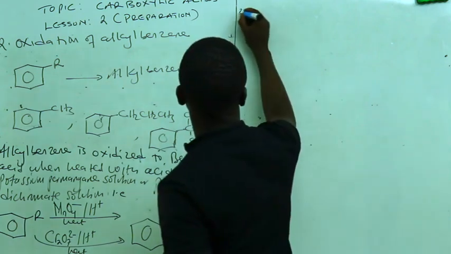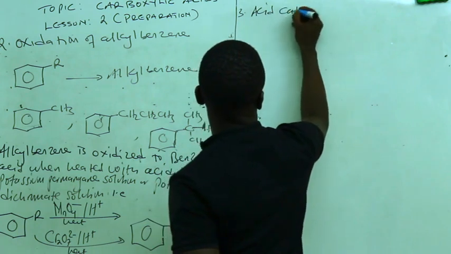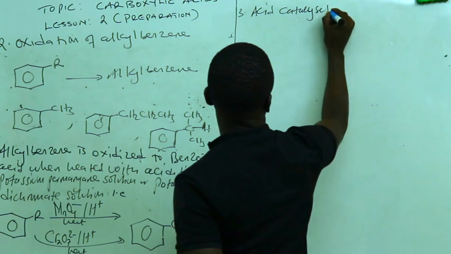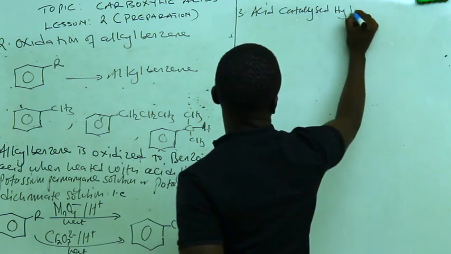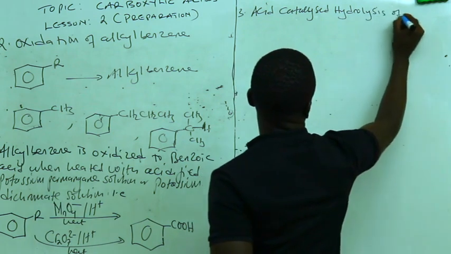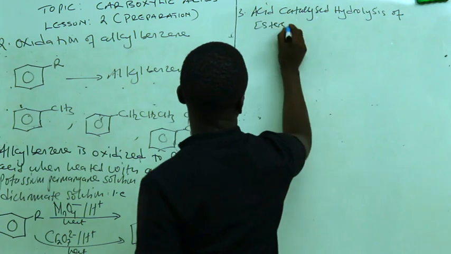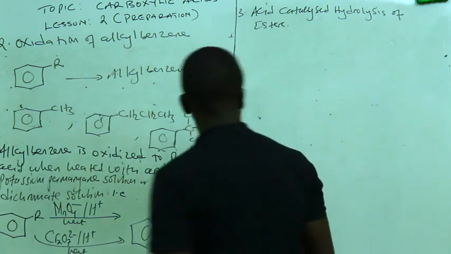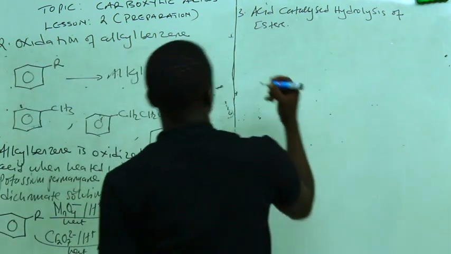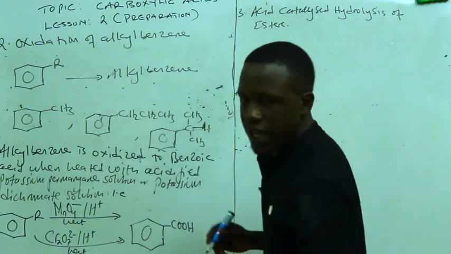Number 3. Acid catalyzed hydrolysis of esters. If we had an ester, we have already seen this in alcohols, but we can still have it for purposes of making good work in carboxylic acids.